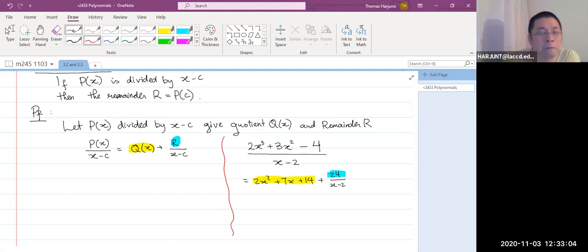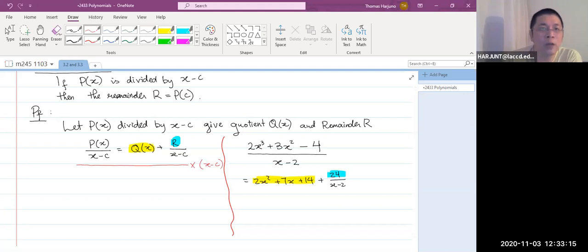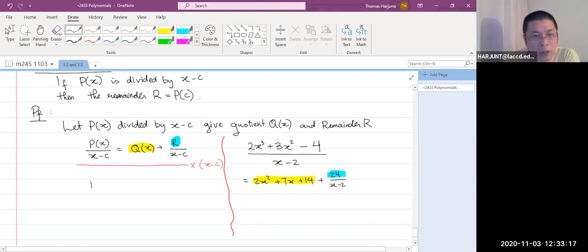Now, here's the thing. We will multiply both sides by x minus c. If I multiply by x minus c, then the left-hand side P(x) is equal to, on the right-hand side, q(x) times x minus c plus r.